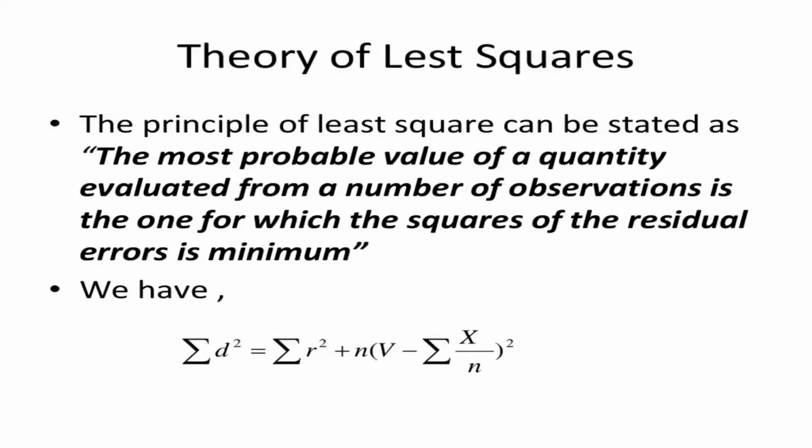The principle of least squares can be stated as: the most probable value of a quantity evaluated from a number of observations is the one for which the sum of the squares of the residual errors is a minimum. We have summation of d square is equal to summation of r square plus n times (v minus summation of x by n) the whole square.